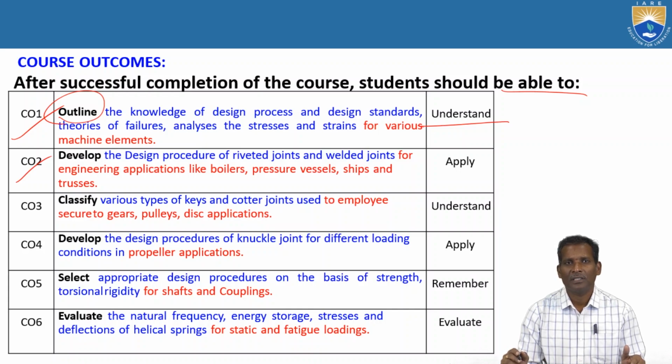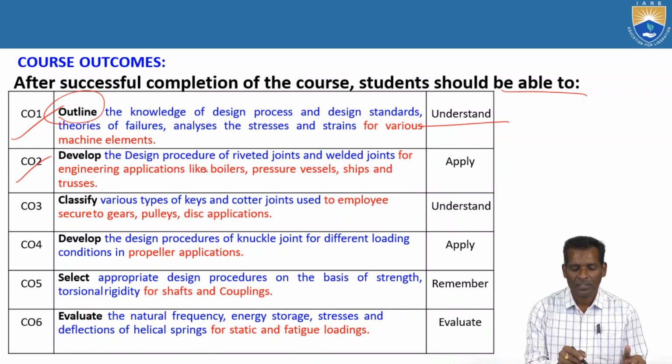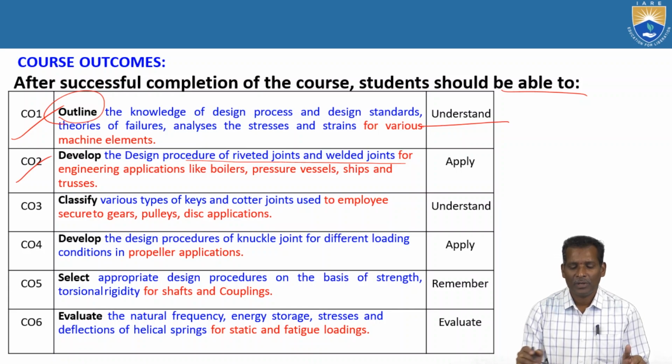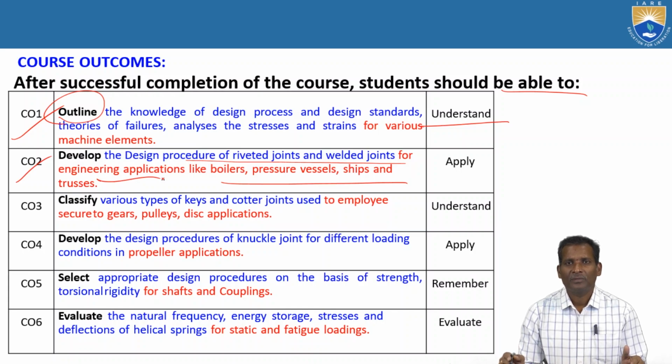The second one is develop the design procedure of riveted joints and welded joints for various engineering applications like boilers, pressure vessels, and ships, trusses, etc. So riveted joints are used in boiler making and pressure vessels. So the level of Bloom's taxonomy is apply.